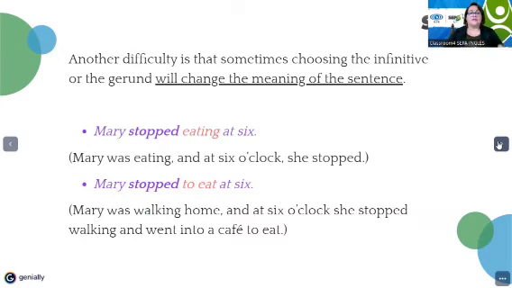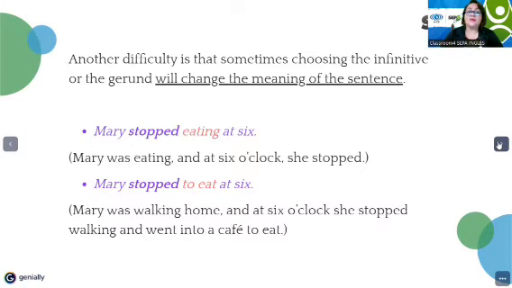The second, Mary stopped to eat. Mary was walking, maybe she was at work, maybe she was moving around at the time of eating, and then she said, okay, it's time to eat, I'm going to eat. Mary was doing another activity.